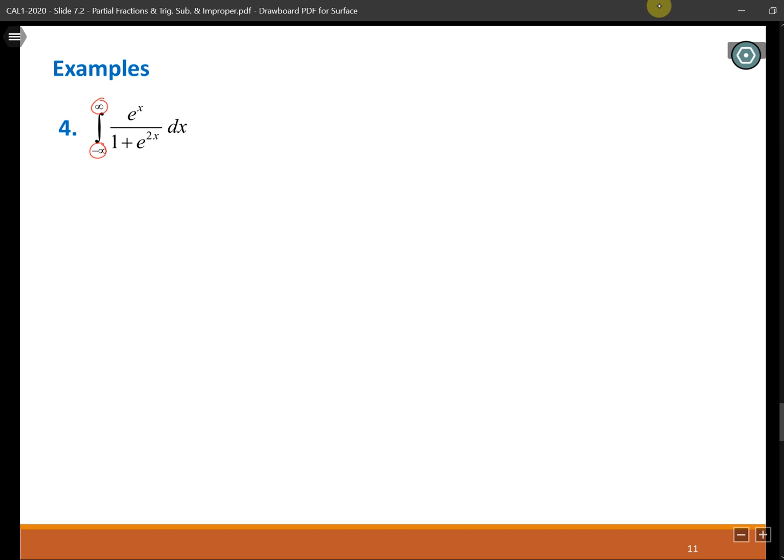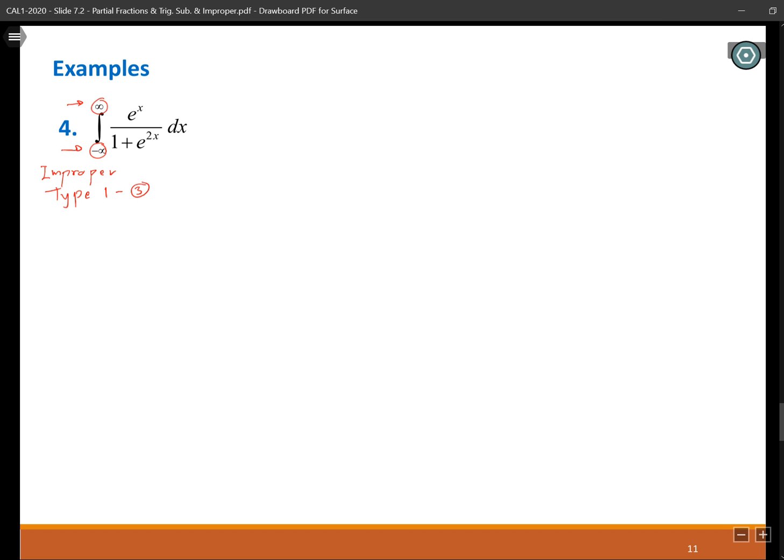So definitely this is improper. And the problem is with the boundary, so this is type 1. And as you can see here, we have problems at both bounds, upper and lower, so this is scenario 3.